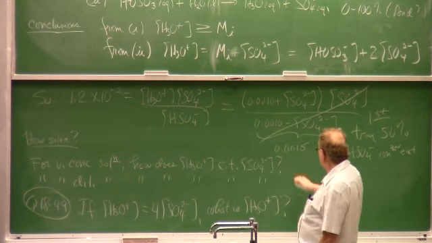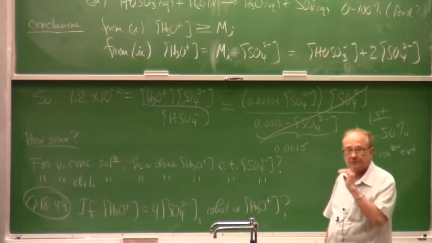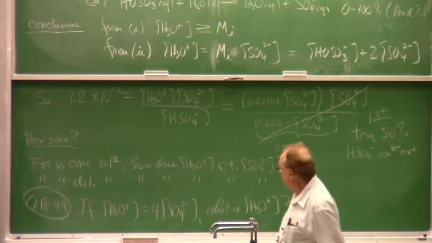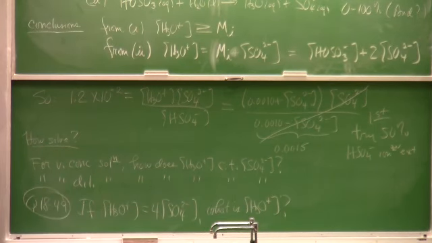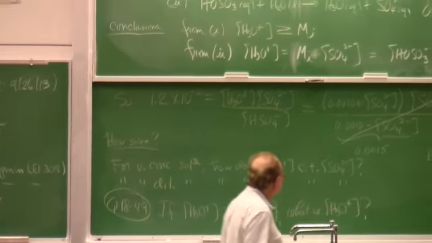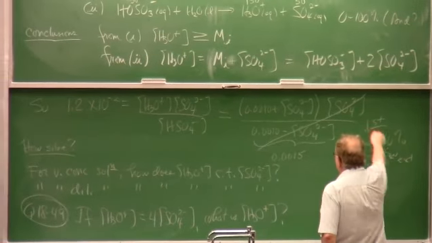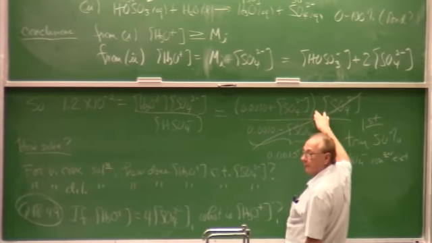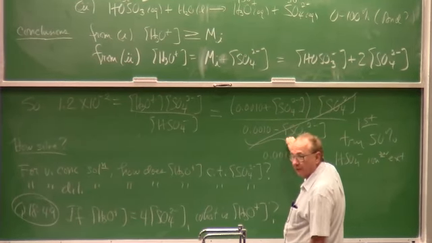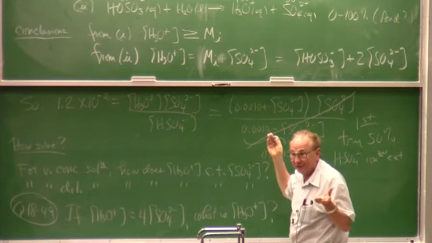Well, how does this compare to Ka? Ka is 1.2 times 10 to the minus 2. Is 0.0015 bigger or smaller than 1.2 times 10 to the minus 2? It's smaller. So the ionization extent must compare how to 50%? Got to be bigger. Because at 50% ionization extent, we get a term here which is smaller than Ka. So the numerator's got to get bigger while the denominator gets smaller. The ionization extent's got to be bigger than 50%.